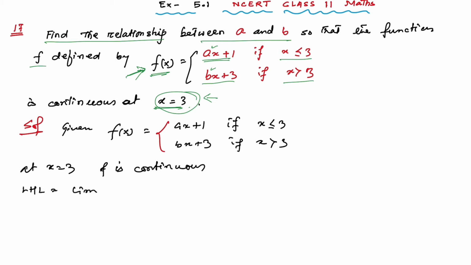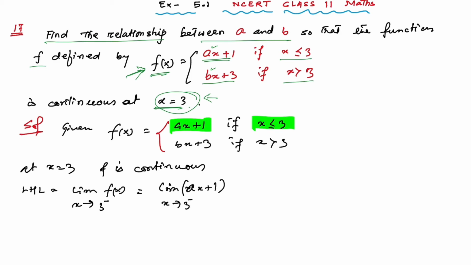Let us find the left hand limit first: limit of f of x as x tends to 3 negative. For x less than or equal to 3, f of x is ax plus 1. So the limit of ax plus 1 as x tends to 3 negative, replacing x by 3, we get 3a plus 1.